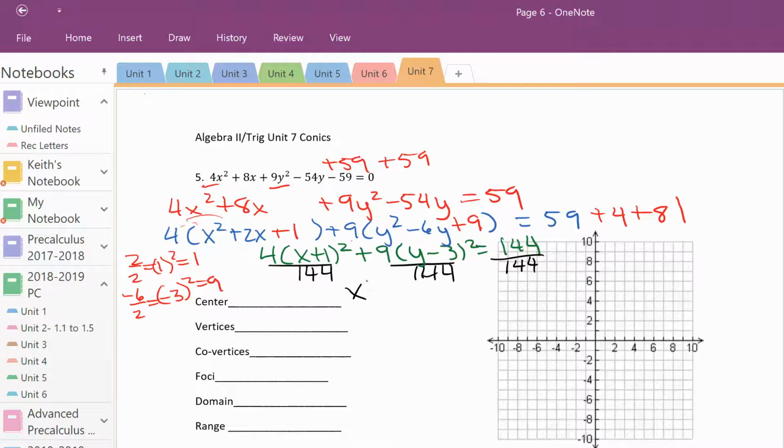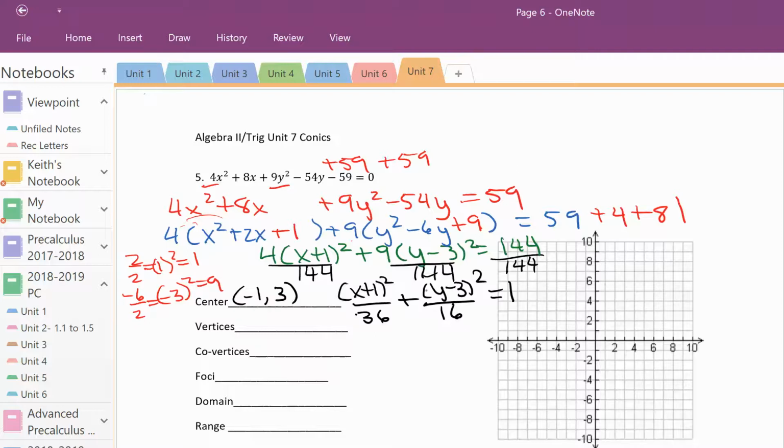So I get (x plus 1) squared over 36 plus (y minus 3) squared over 16 equals 1.